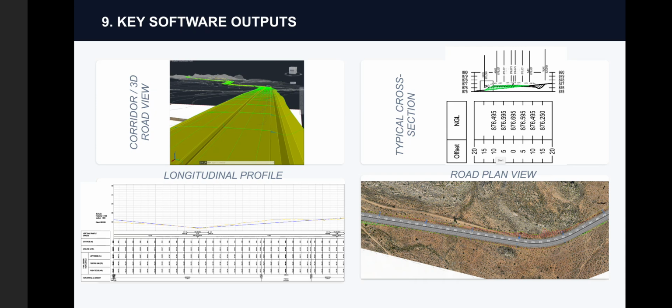Then the longitudinal profile with a vertical curve and also a road plan view, which also indicates the drainage structures. On this specific image, there is only one drainage structure shown, or rather an identified area where a drainage structure should be inserted.